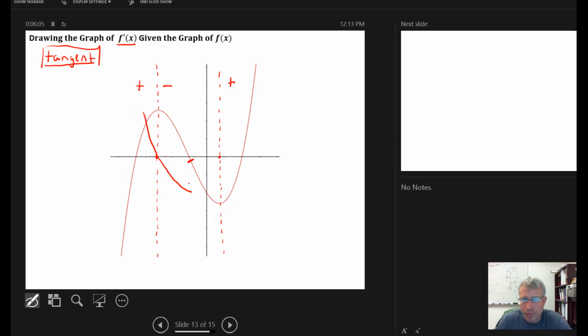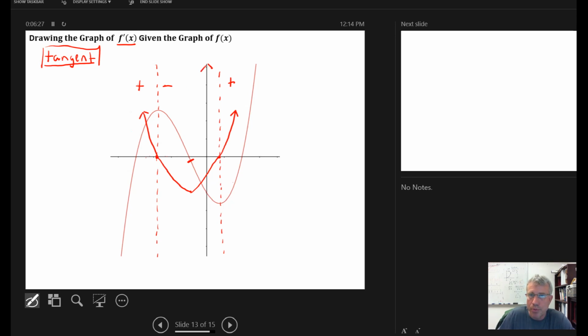When I get below the inflection point, this will be the local minimum on the graph, and now I need to bend back towards the other 0. So I have to draw the graph back towards its other 0. As I step across this point, the derivative must become positive, so I have to pass through the x-axis to become positive. And then I'll draw my arrows on showing that my graph goes on forever.